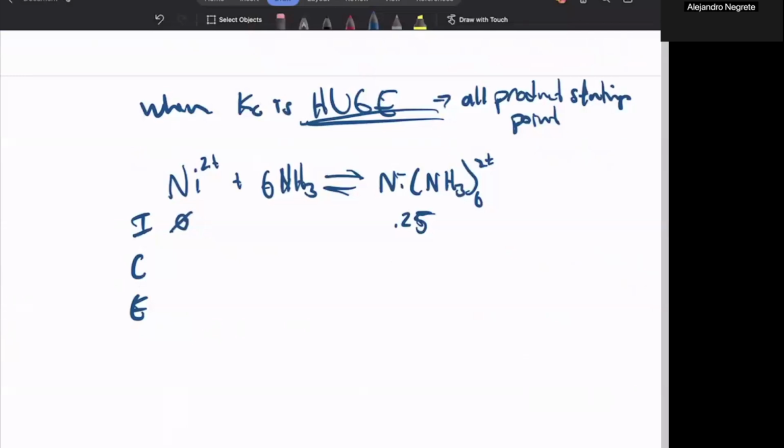The other thing we have to think of is that we have 2.00 molar NH3. So how do we determine that concentration? Since we have 6 of those, we can say 2.00 minus 6 times 0.25.